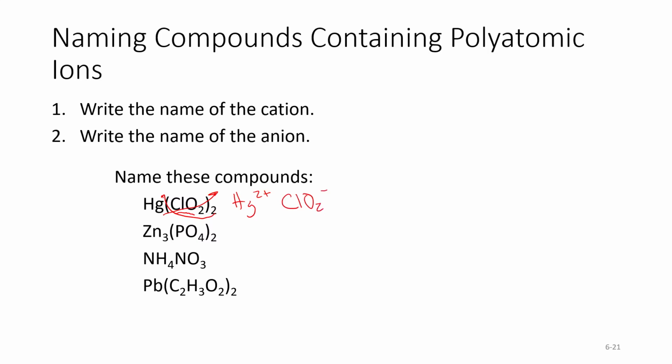So ClO2 does in fact have a -1 charge based on our polyatomic ions, and now we know that it's chlorite. Because this is the true charge, we can call this mercury 2 chlorite.